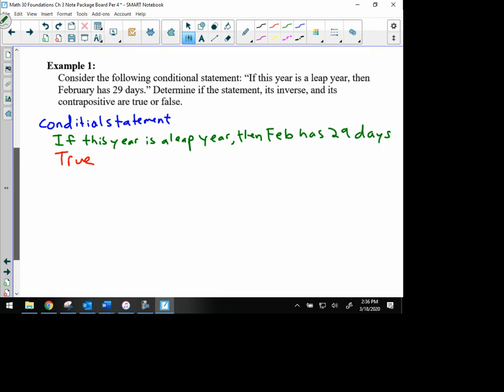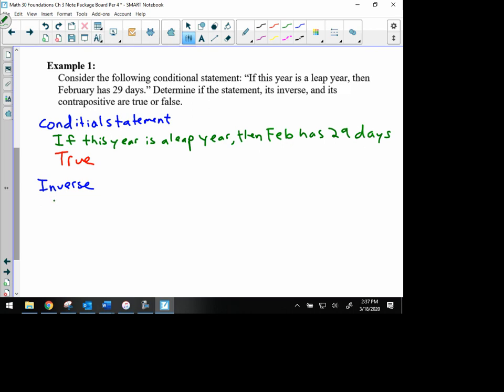Next one, the inverse. So the inverse, you look up above in the notes, you think about what that means in this context. Well, we add the word not to that conditional statement.